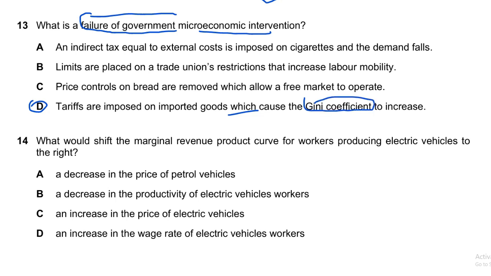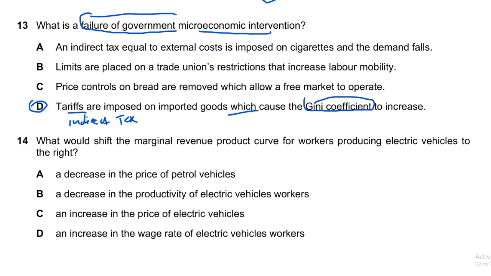So what the government tries to do is reduce inequalities, but if it uses this policy, the tariff is a kind of indirect tax, and indirect taxes place more burden on the poor class and less burden on the rich class.